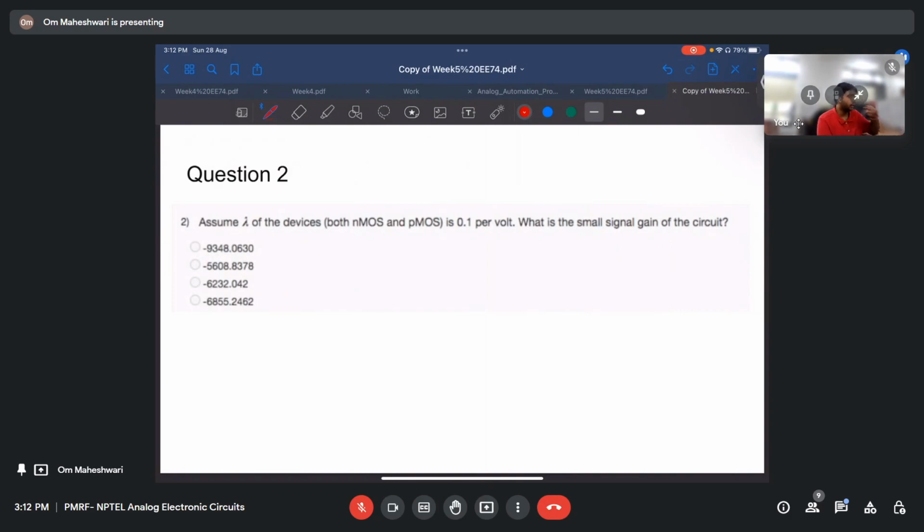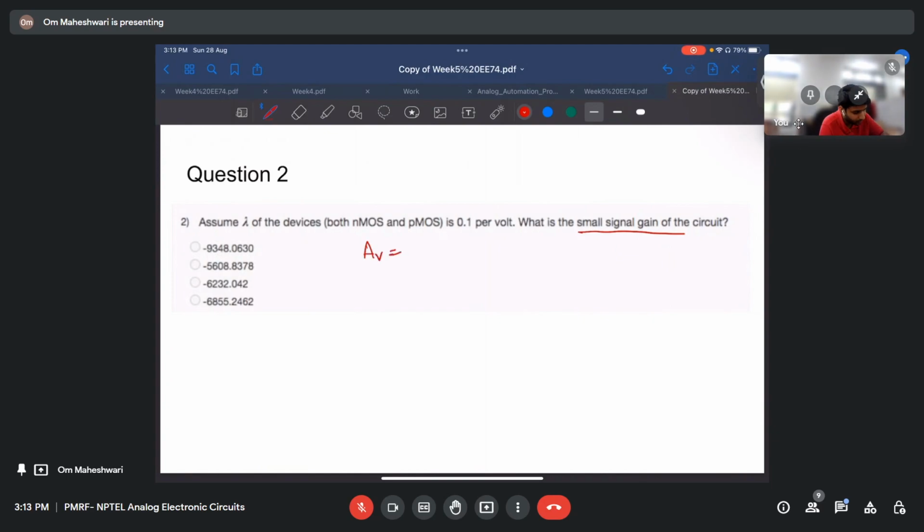Okay, so in the next question now, lambda is given. So I hope by now you must be familiar with lambda. Lambda is the channel length modulation factor. Okay, so what is the small signal gain they have asked? For any amplifier circuit, what is the gain?